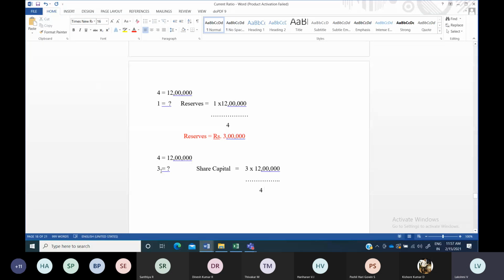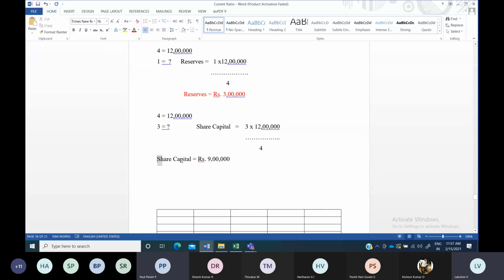So this 3 multiplied by 12 lakh divided by 4, if you do, you will get your share capital amount. So share capital is equal to, I think it's 9 lakh. Yes, ma'am, 9 lakhs. Okay. Yeah. So this is your share capital amount. So while looking into the problem, you think it is very complex actually.